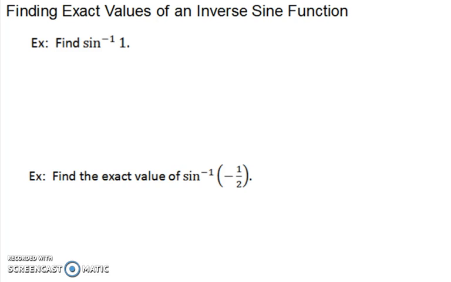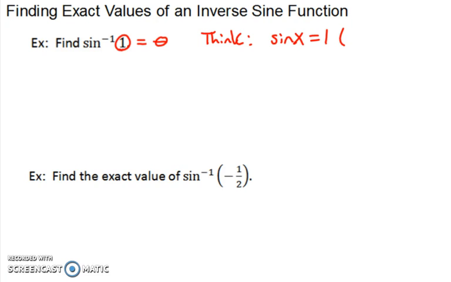So, finding exact values of these inverse sine functions. Find the arc sine of 1. So think about going backwards here. This is our ratio, and it wants to know what's the angle. It's going to spit out an angle. Think: the sine of what angle gives us a ratio of 1?